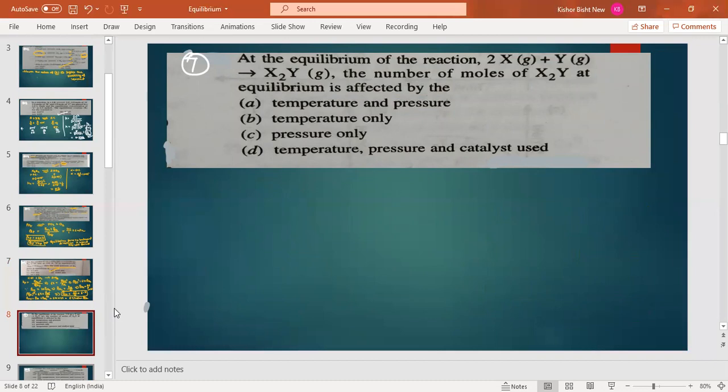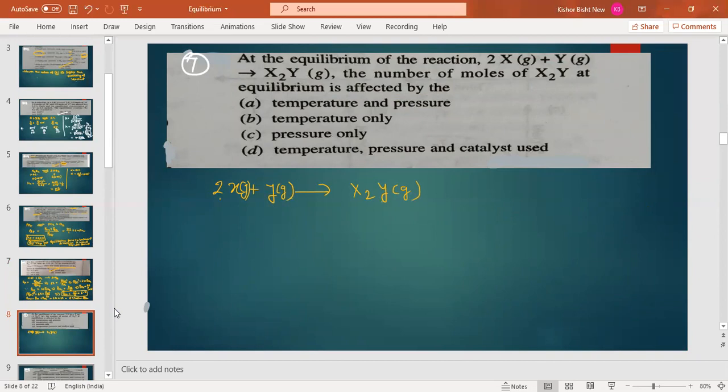At equilibrium of the reaction 2X plus Y gives X2Y, the number of moles of X2Y at equilibrium is affected by temperature and pressure. So now how is it affected? First of all, you see what is happening here: 2X plus Y gives X2Y. Now the number of gas moles decreases, 2 plus 1 is 3, and 3 is converted into 1.